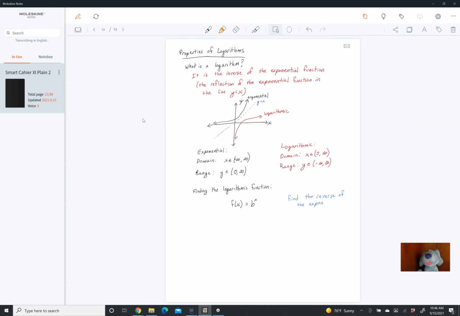And we already know that to find the inverse, we can flip the x and the y. But in order to flip the x and the y, we want to see really clearly that there's a y. So we're going to take that f of x and we're going to replace it with y.